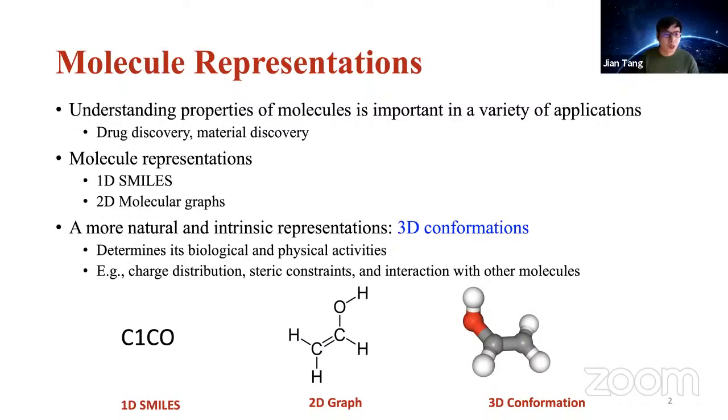Specifically, we can use graph neural networks to learn the representations of the molecules. However, for molecules, more natural and intrinsic representations are their 3D conformations, where each atom is represented by its 3D coordinates, because the 3D conformations determine the biological and physical activities of the molecules, for example, how they interact with other molecules.